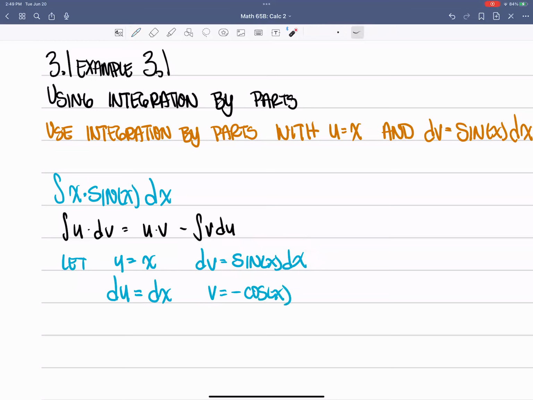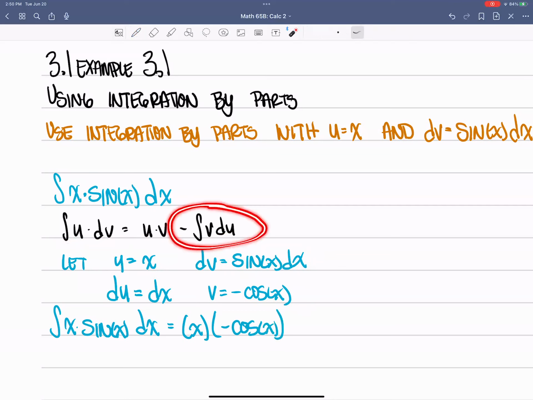And now the formula tells us that the integral here is going to be u times v. So let's rewrite this. The integral of x times sine x dx is equal to u times v. U is just x. V is going to be negative cosine x.